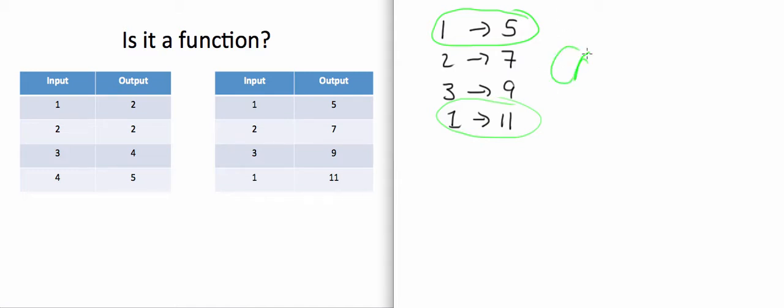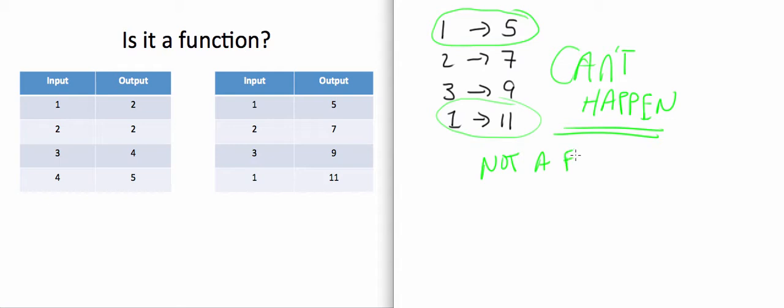This can't happen. It cannot happen whatsoever. This is not a function because we put something in and then we ended up getting something different out the second time we did it.